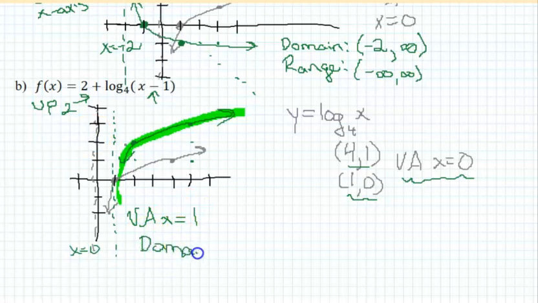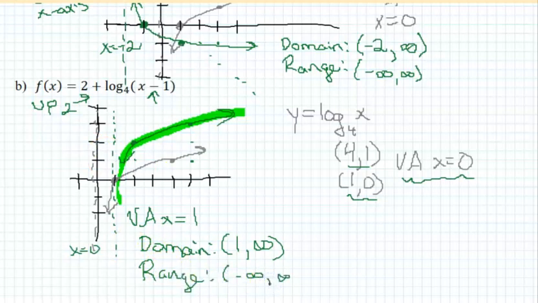And it's got domain 1 to infinity. Used to be 0 to infinity. We moved everything right 1. Now the domain covers x values from 1 to infinity. And range, again, is going to be all real numbers, like it is for every logarithmic function that you guys are going to graph.